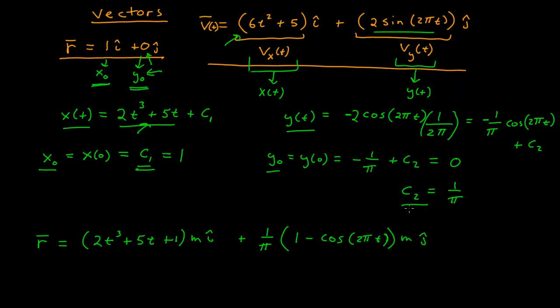Once I put 1 over pi into here, I can factor out this 1 over pi, and I get 1 for this term minus cosine 2 pi t.